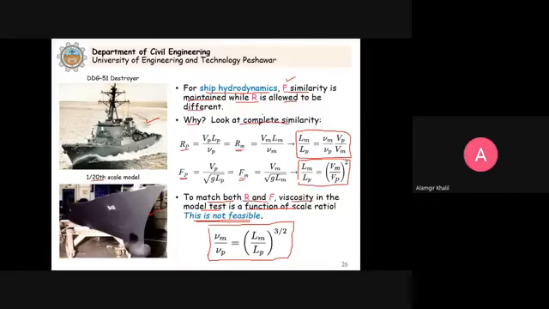So that's why in such cases we maintain the Froude number and let R vary. How do we do it?